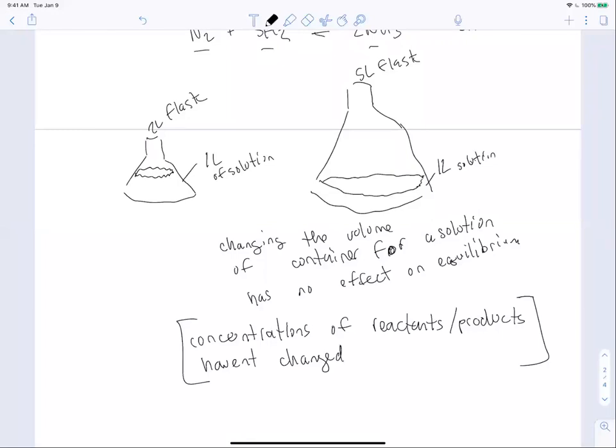With a solution, though, there's no dilution that takes place by changing the size of the vessel. So if you have 50 milliliters of Gatorade and you pour it into a larger glass and drink it, it tastes exactly the same. It's not like you've diluted it by just pouring it into a larger volume. That's basically all we're stating here.